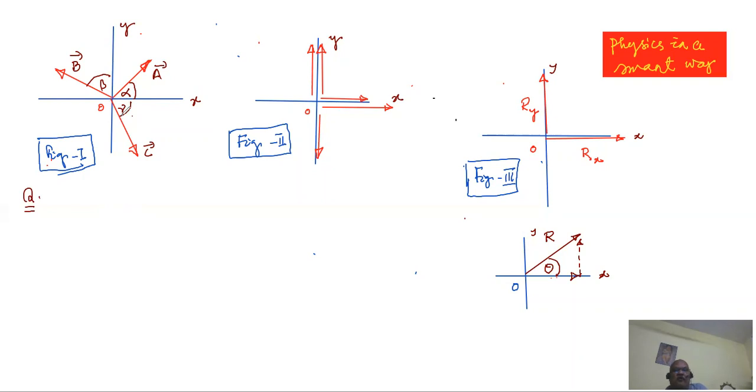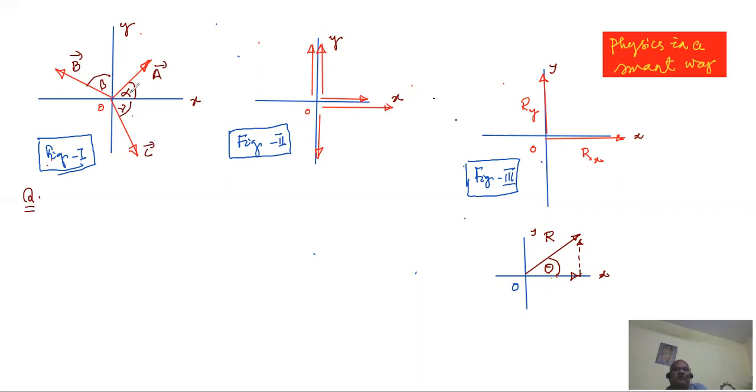As you know, so far as rectangular components are concerned, one of the components will be the main vector, whose component we are finding, into cos of the angle, and the other component of the same vector will be the main vector into sine of that angle.